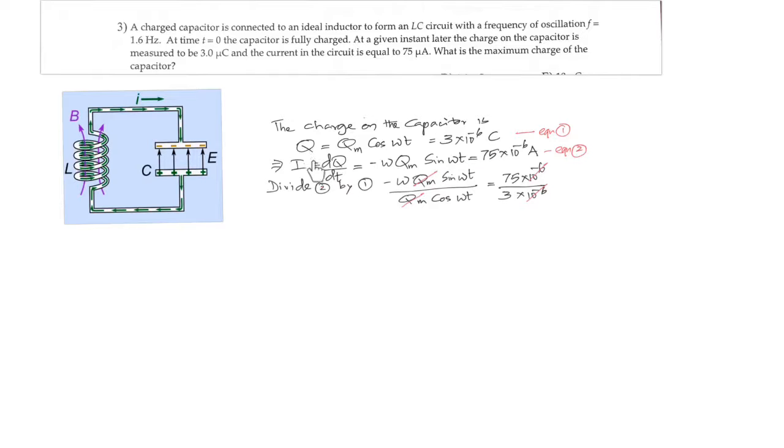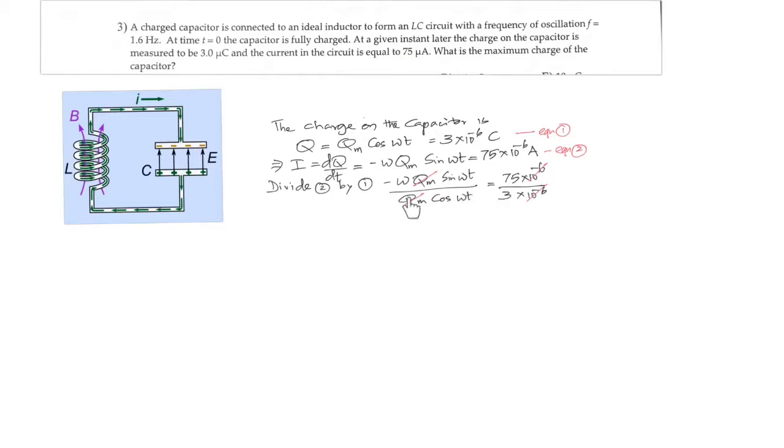At the same time, if you take the derivative of this, you get I is equal to dq by dt, which is negative omega Qm sine omega t, and the current is given as 75 microampere. So we have equations 1 and 2, one for the charge and the other for the current.